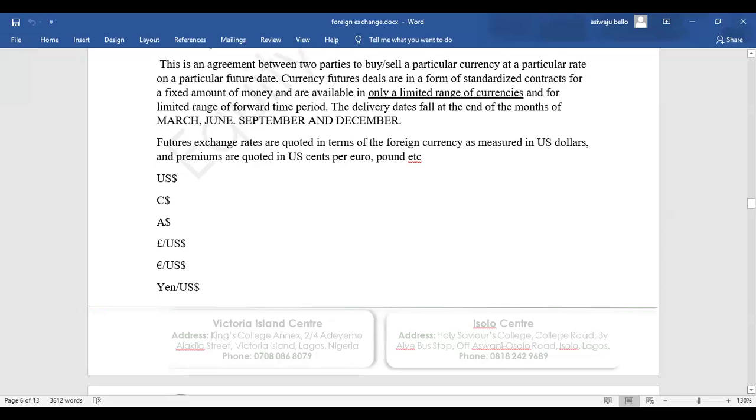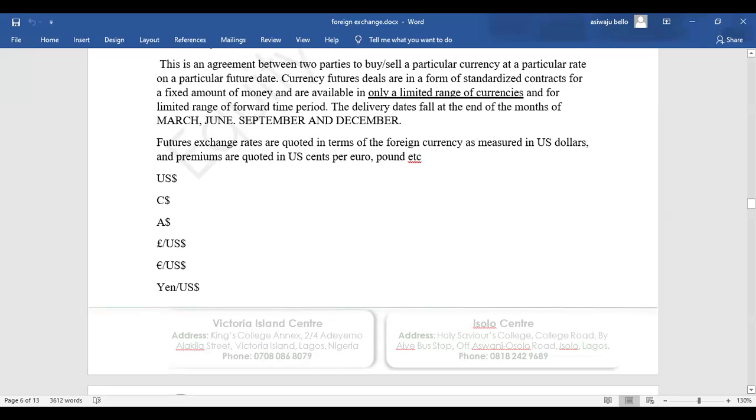We explained this. We now move to currency options.